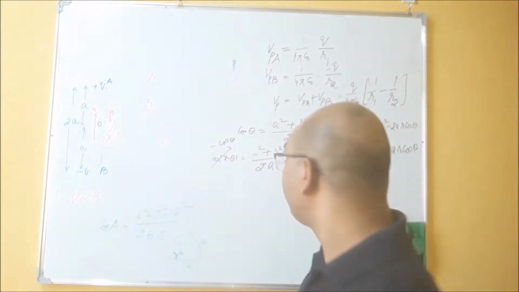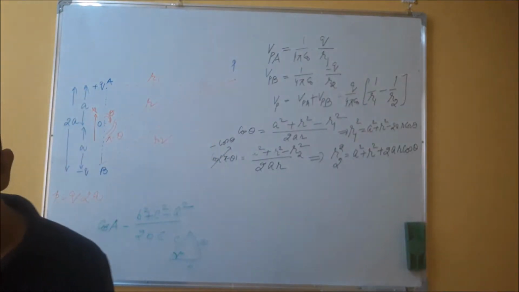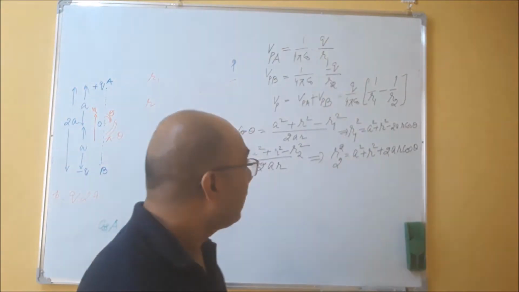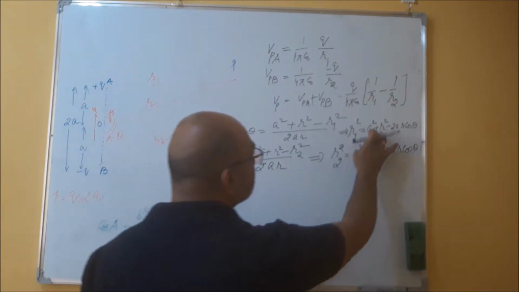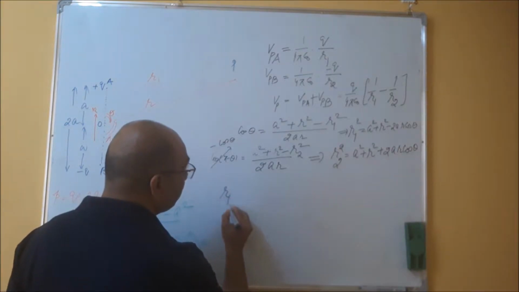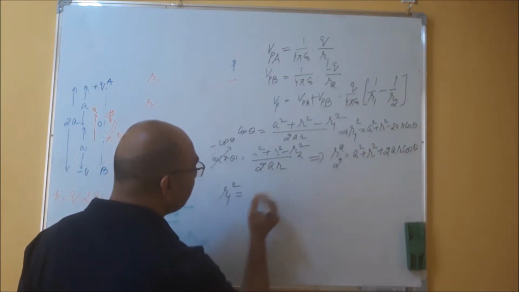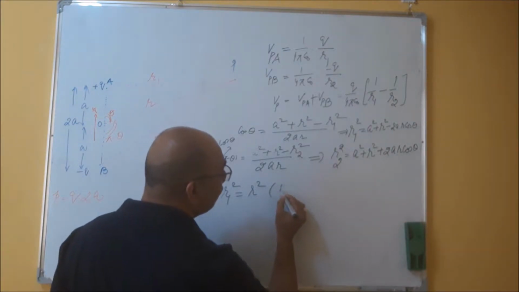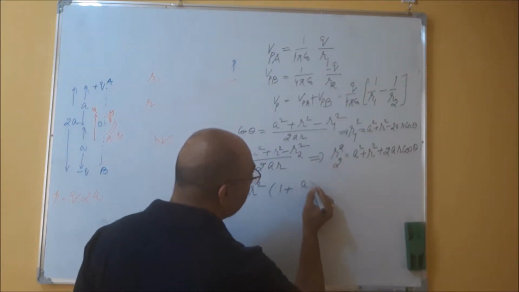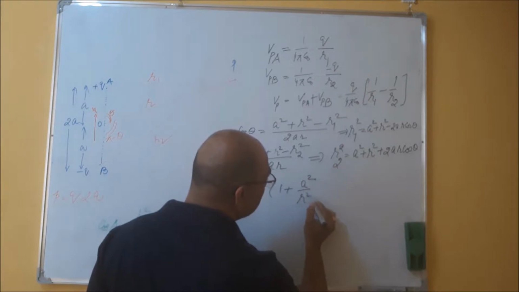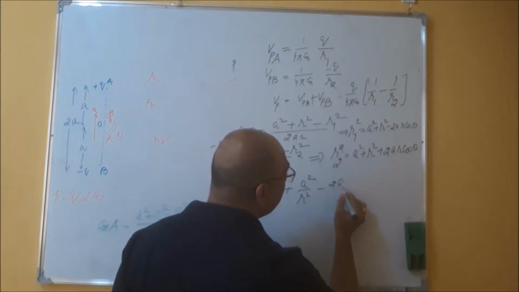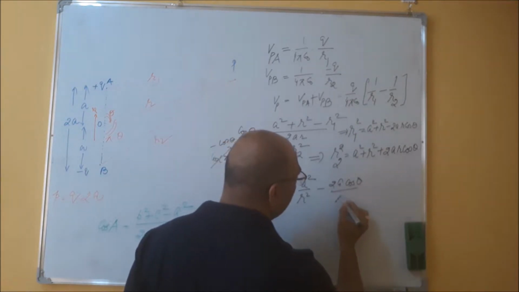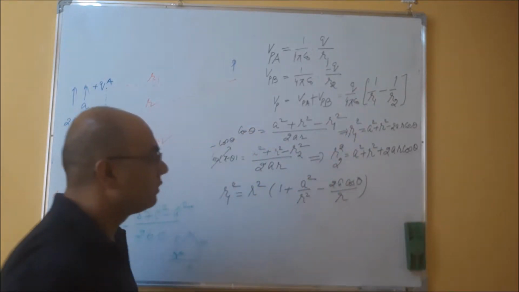If this is clear, then again you do one thing. Take the first expression R1 square and take R square common here. So what you will get? 1 plus A square upon R square minus 2A cos theta upon R. This is okay.